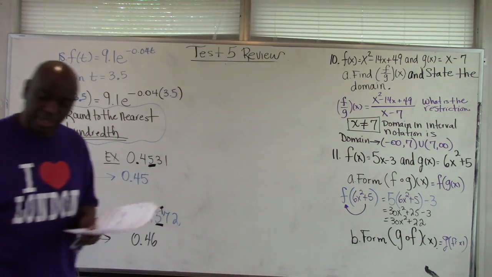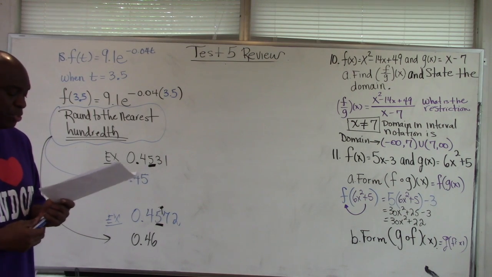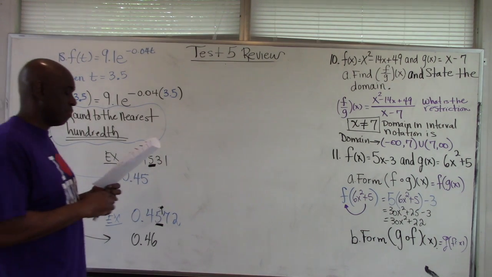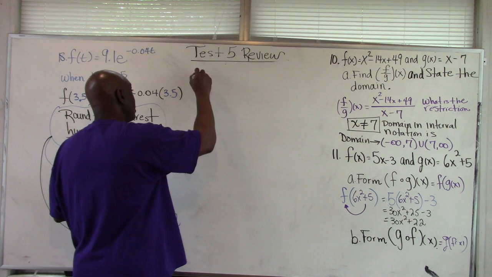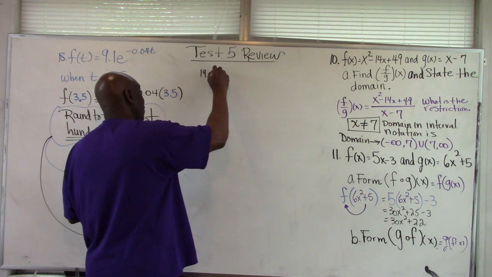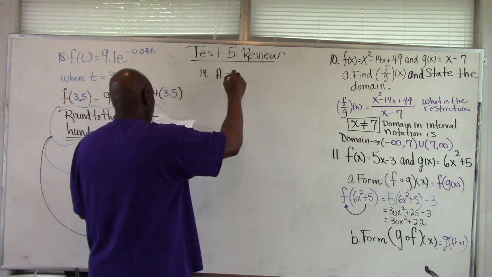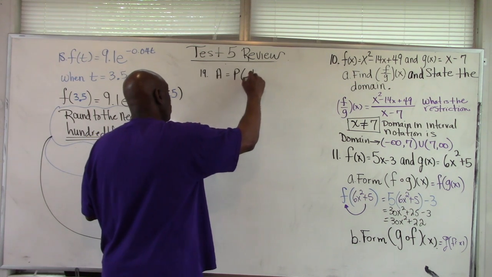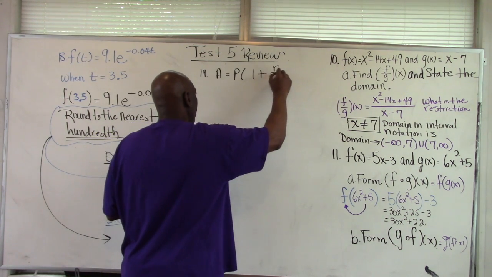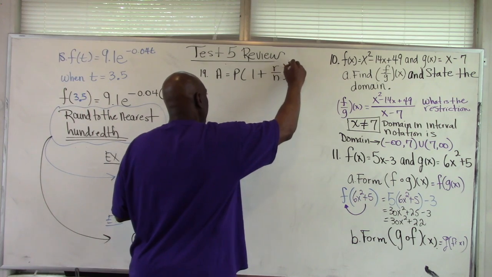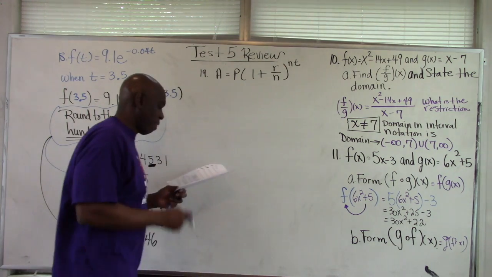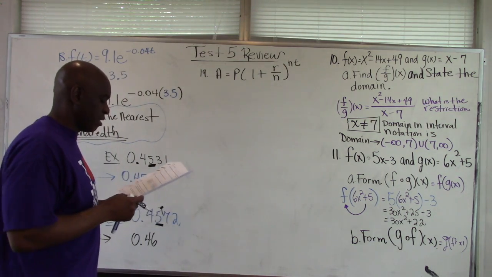It's also like a direct substitution, but it's using the compound interest formula. So for number 19, we have A equals P times 1 plus R over N to the power of N times T. And they give you some things.